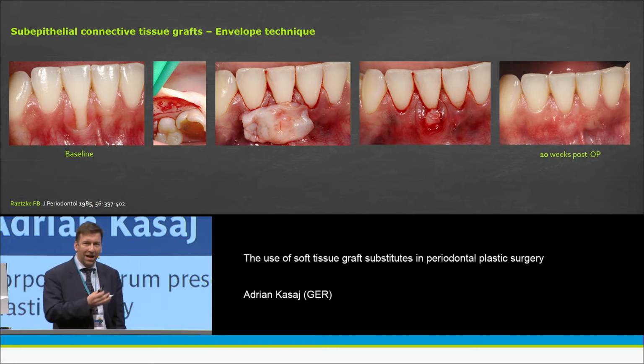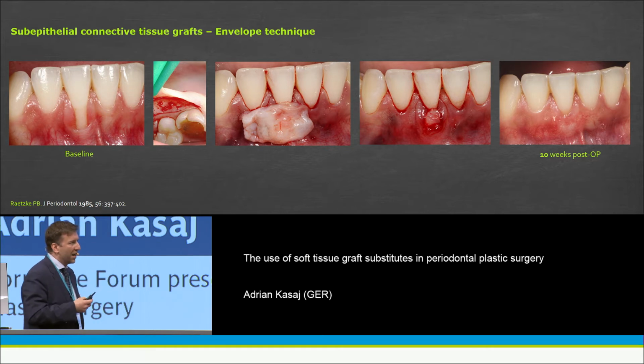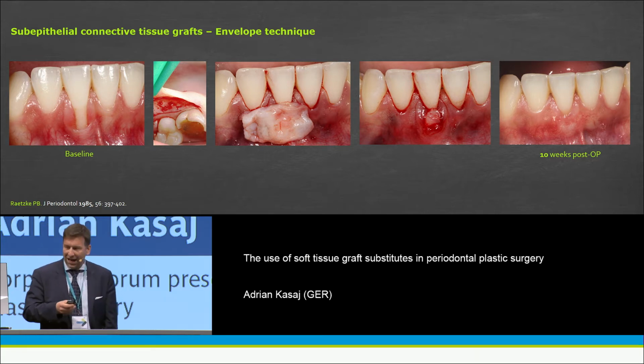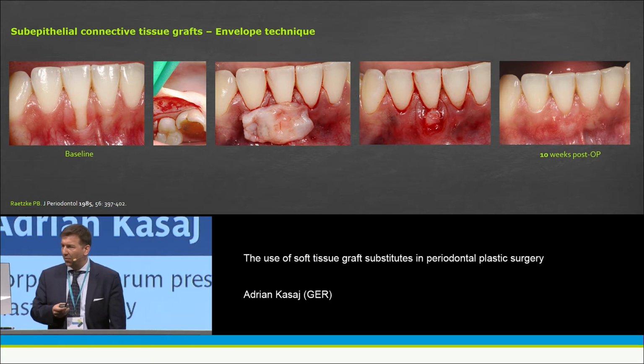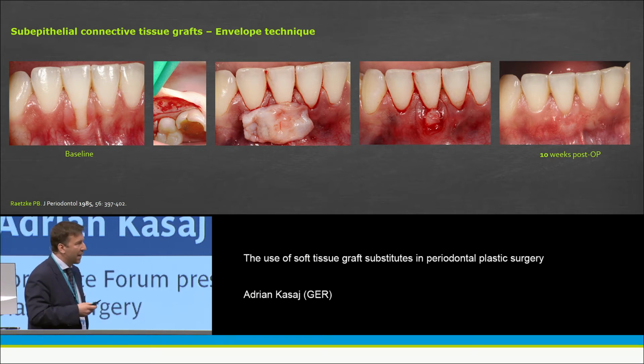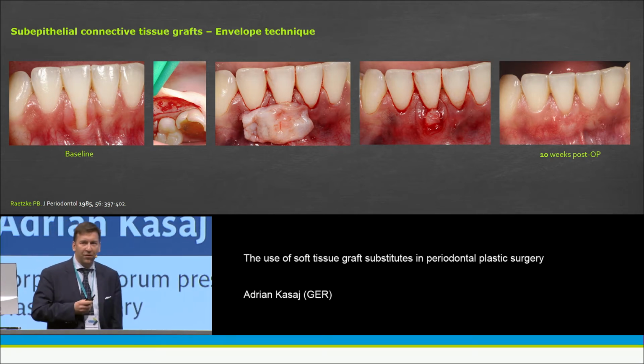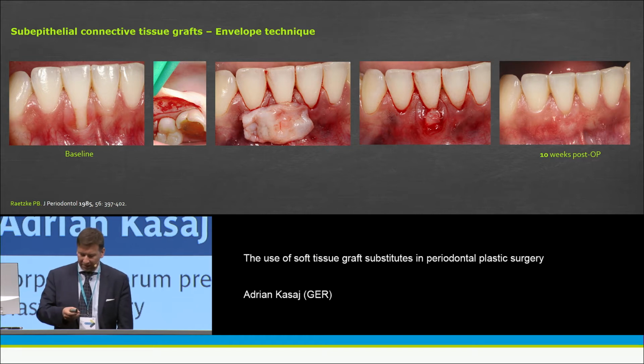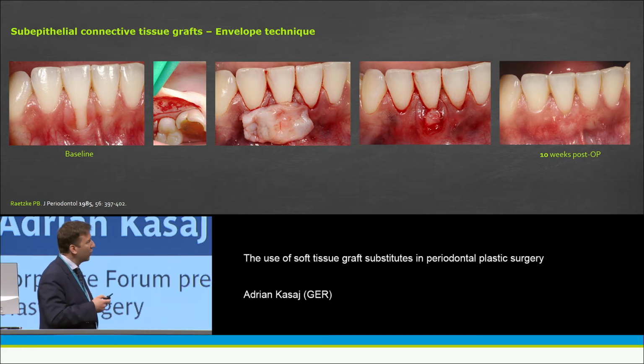Three parts were lying within this envelope, one part was exposed. You see the exposed part became keratinized, and you see the outcome 10 weeks post-operative, again with a nice coverage effect and also thickening of the tissue.